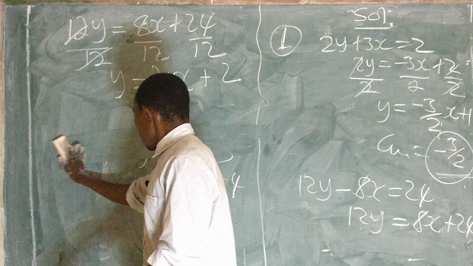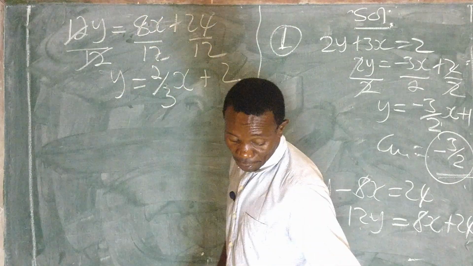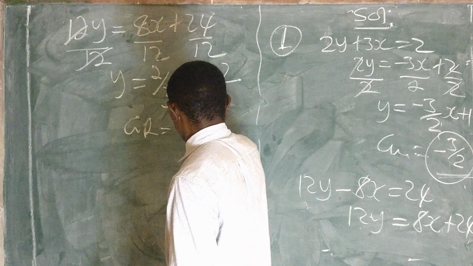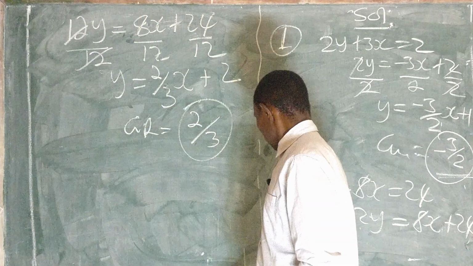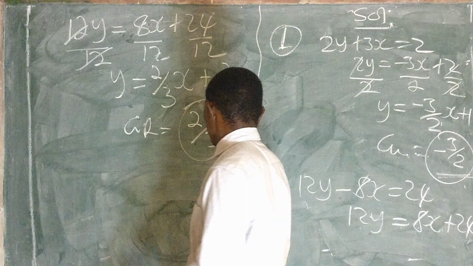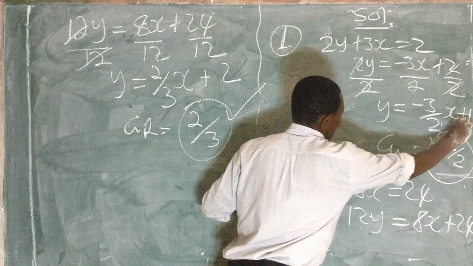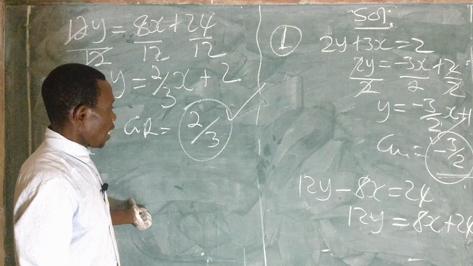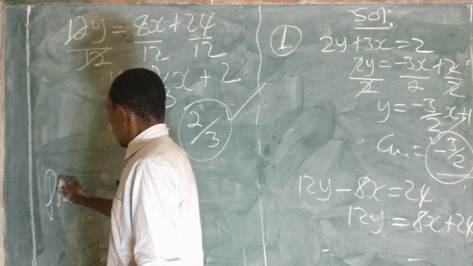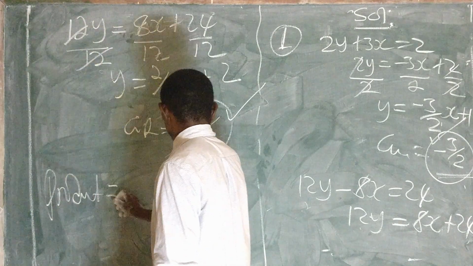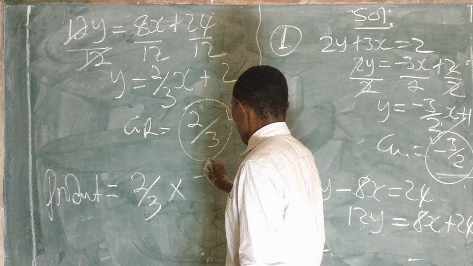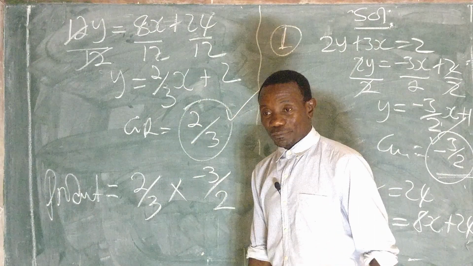If we were to find the gradient in this case, our gradient here is 2 over 3. Now let me find the product of the two gradients. The product is equal to 2 over 3 multiplied by negative 3 over 2.